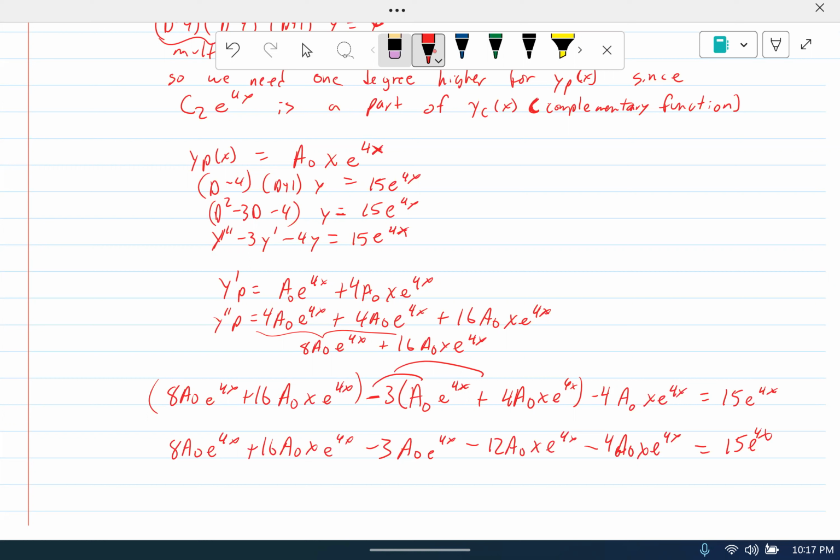Well, the 16 and the minus 12 and the minus 4 are all going to cancel out. The 8 a naught and minus 3 a naught, that's going to be 5 a naught.